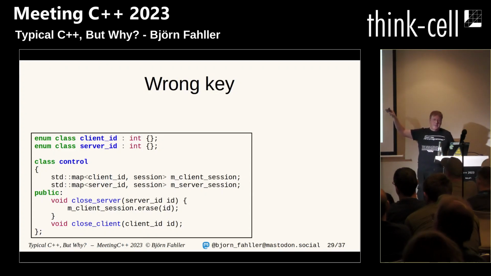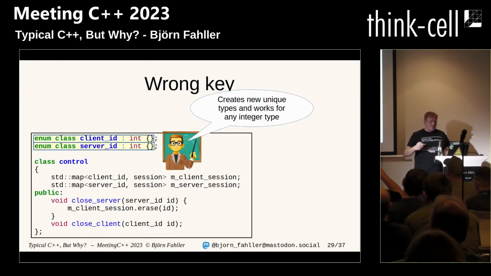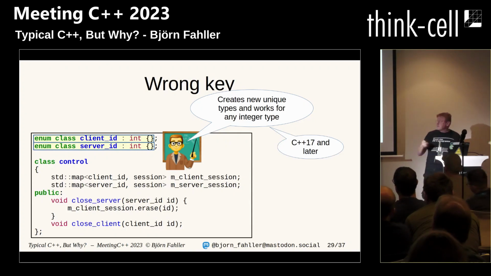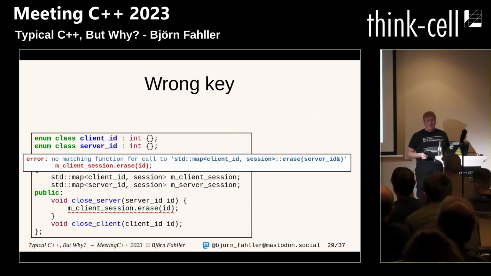There are no names in there. This creates new unique types. You can use this technique for any integral type. And this was added in C++17. So when you have this mistake, then you get a compilation error and not a debugging session. So that is always nice.